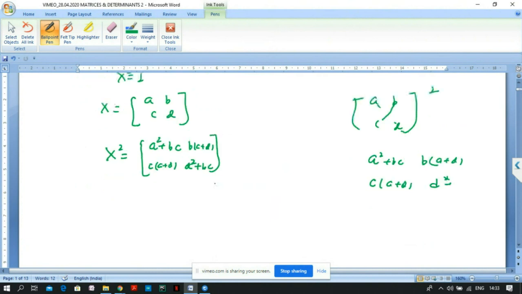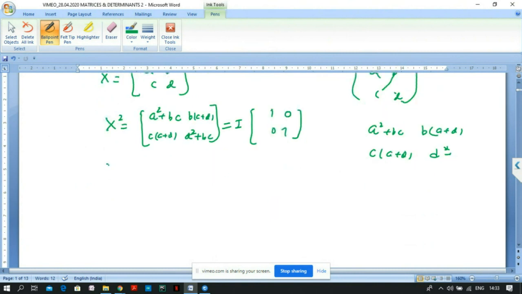This expression, we want it to equal I. That is, we want this to be the matrix [1 0; 0 1], which leads to a system of equations in A, B, C, and D variables. So A squared plus BC equals 1, B times A plus D, that is trace, equals 0, C times A plus D equals 0, and D squared plus BC equals 1.